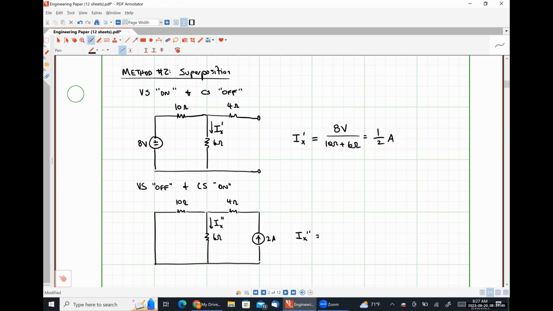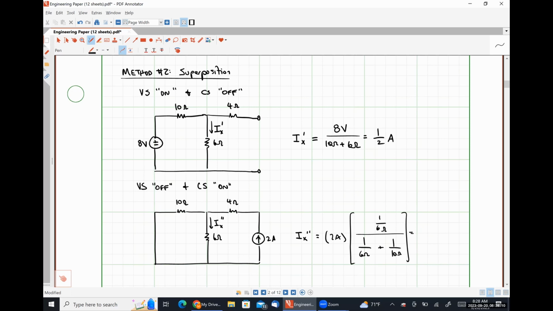So Ix double prime is going to look like 2 amps. The resistor we want the current through goes in the numerator, so that's why we have 1/6 ohms there. In the denominator, we're going to have the resistances that are in parallel, so that's going to be 1/6 ohms plus 1/10 ohms.